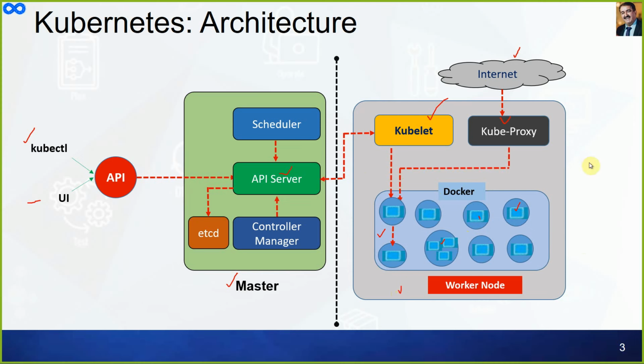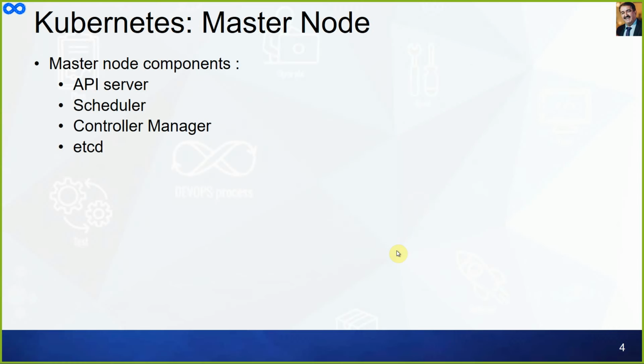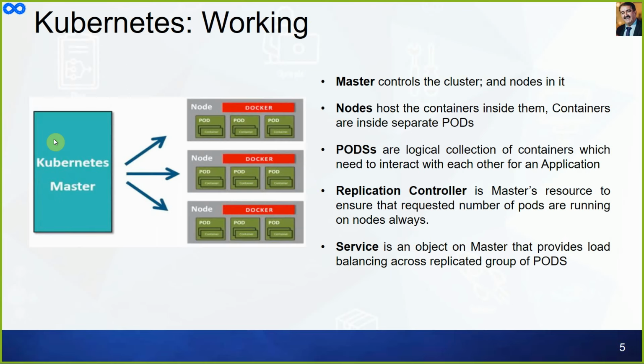The requests are handled by the proxy, which will forward the request to the appropriate pod. On the master node, we have the API server, scheduler, controller manager, and etcd. So how does Kubernetes work?